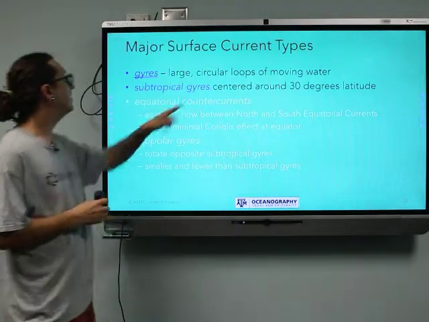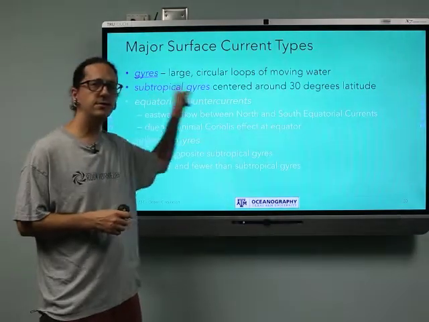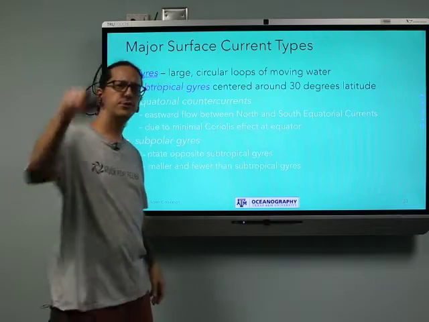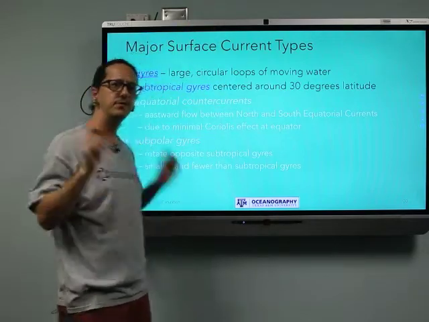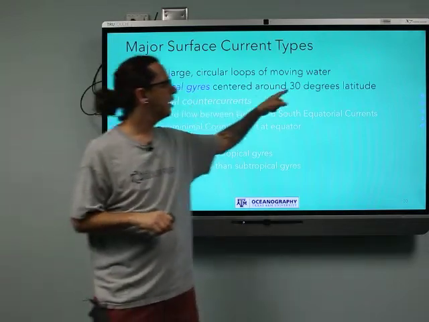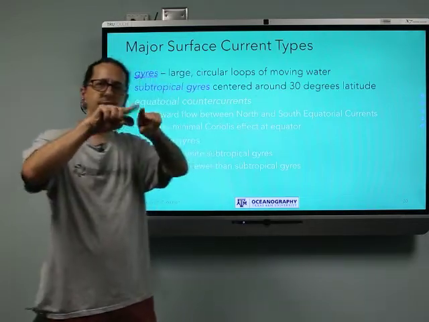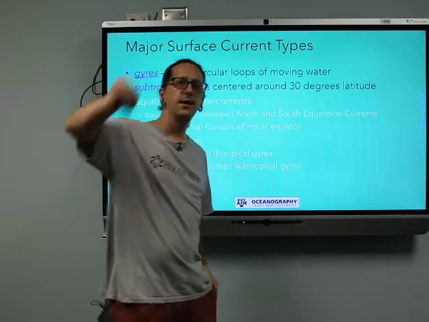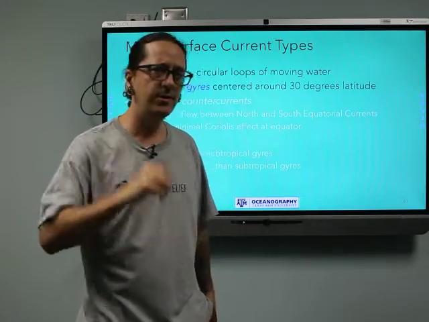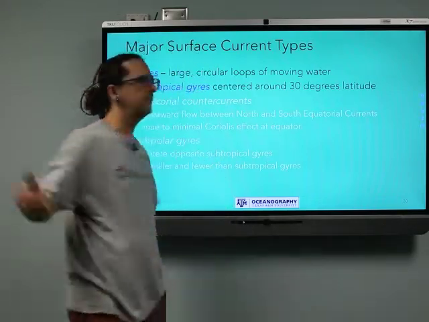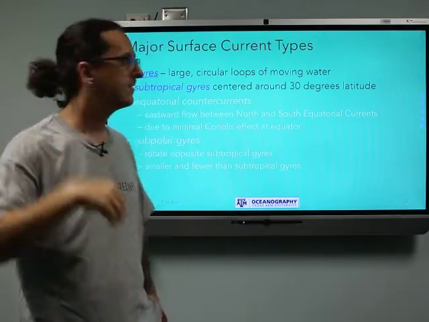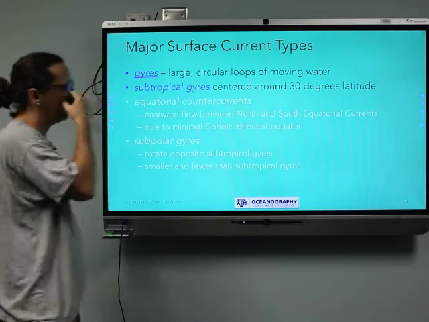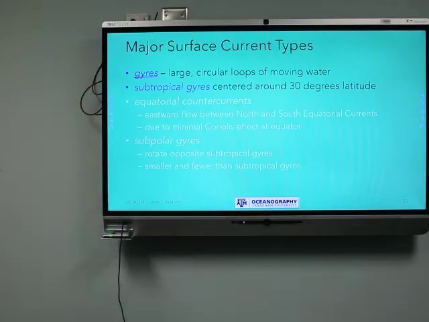The subtropical gyres very specifically are in the subtropical areas where the center of the circulating mass of water is about 30 degrees latitude. Tropical is 23 and a half degrees or less. Subtropical is just a little bit north or south of that.